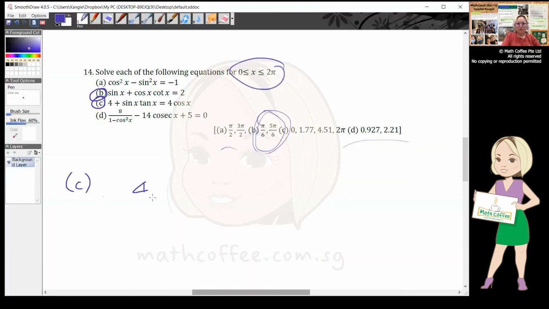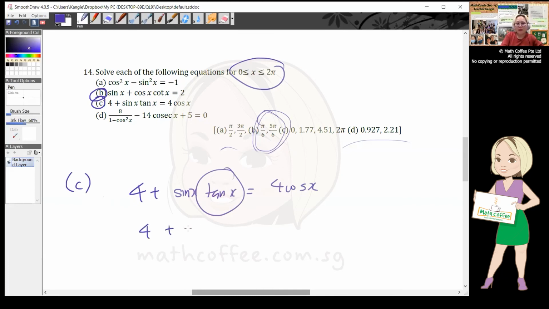Part C, 4 plus sine x tangent x equals 4 cosine x. Sorry, I write at the back ugly. Same thing, I can't change my sine, I can't change my cosine, so I'm going to change this one.